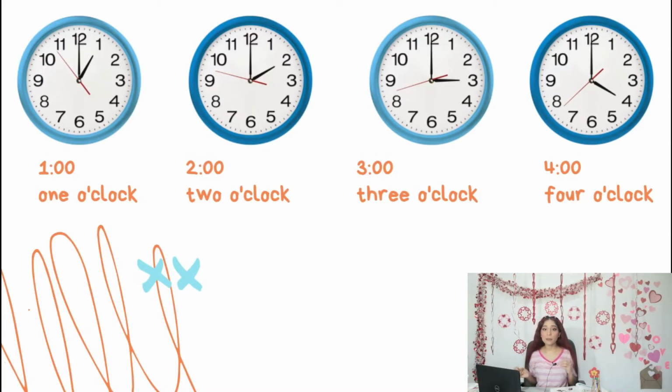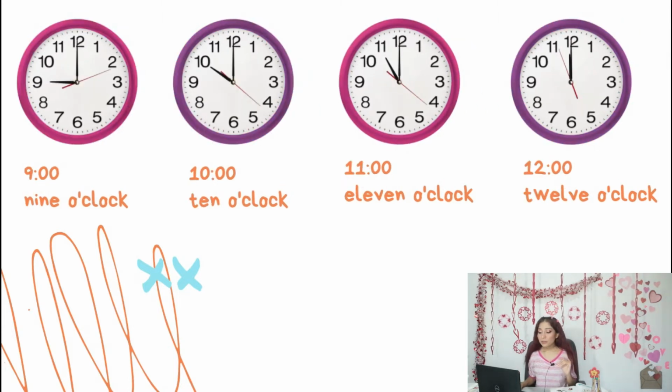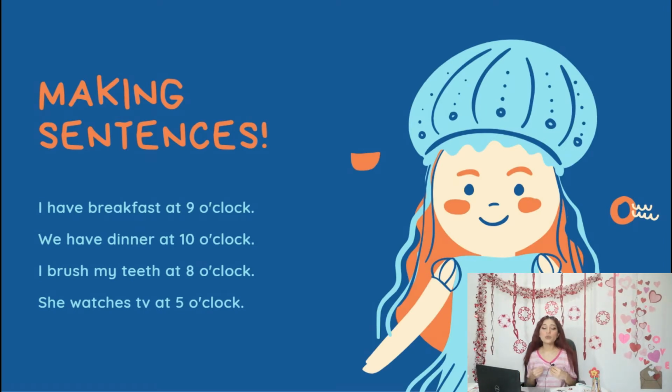You just need to remember the numbers from 1 to 12, and you just need to add 1 o'clock, 2 o'clock, etc. And we reviewed this, and also I showed you how to make a sentence using the time and also the daily activities vocabulary. Okay, and that was it.